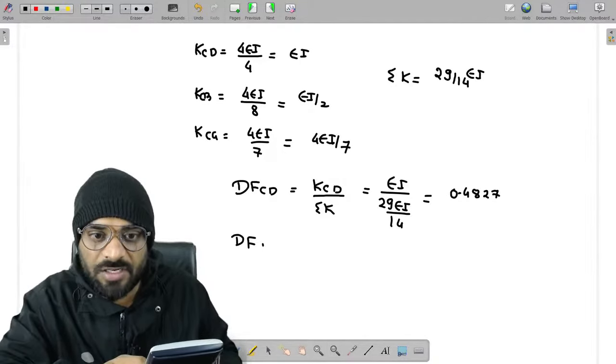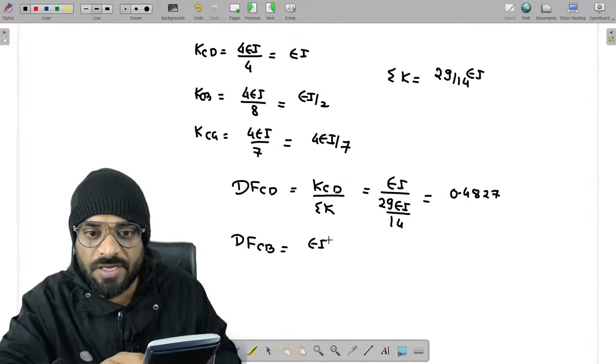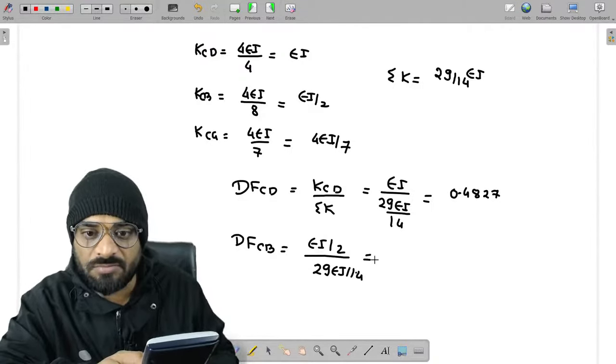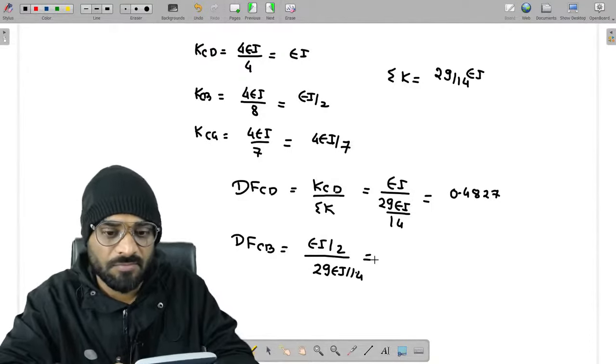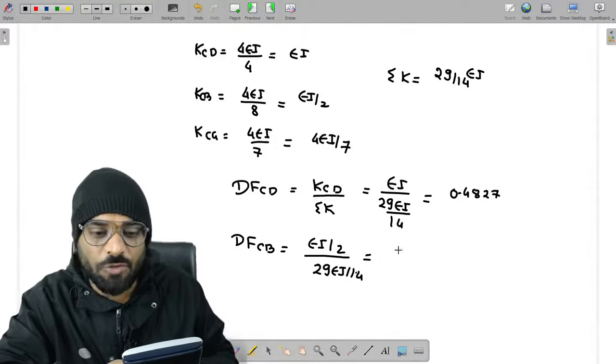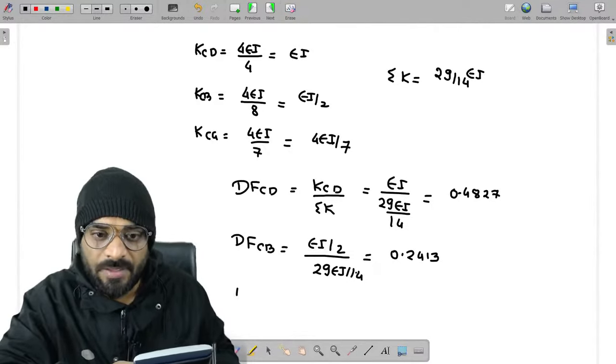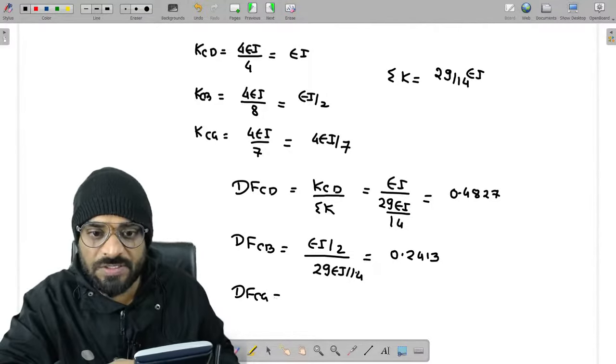Then distribution factor for CB. So KCB is how much? EI by 2 divided by summation K, which is 29 EI by 14. So we are getting a value of 7 by 29. That means 0.2413. Then distribution factor for CG.